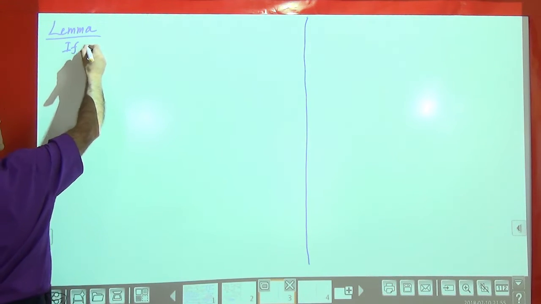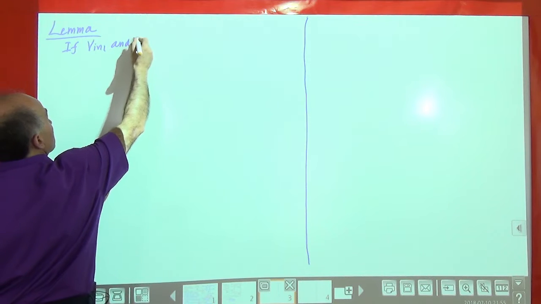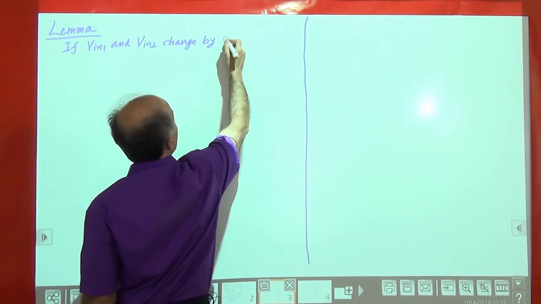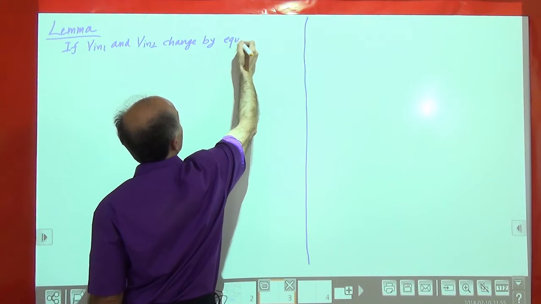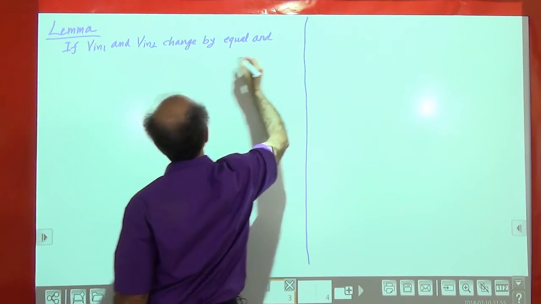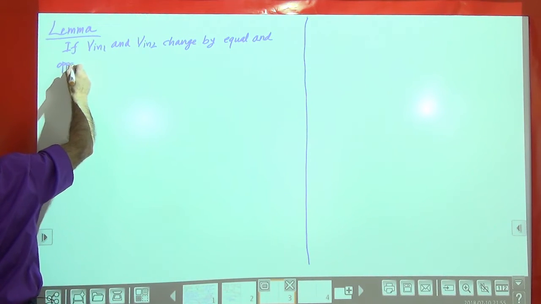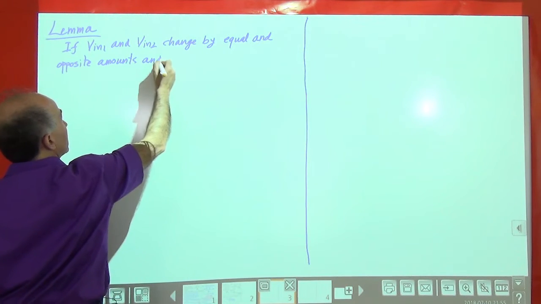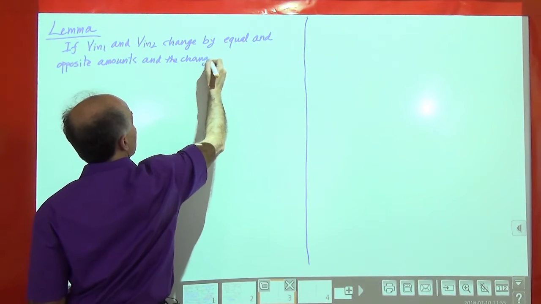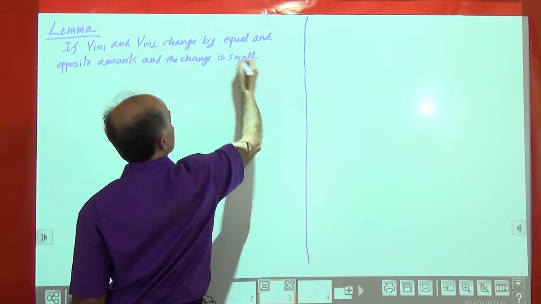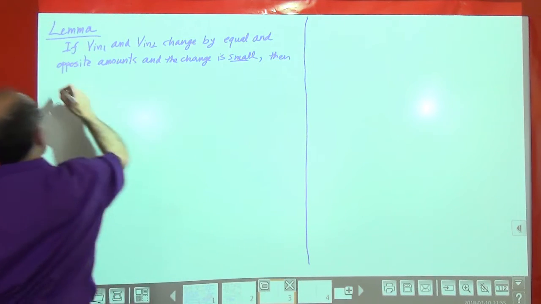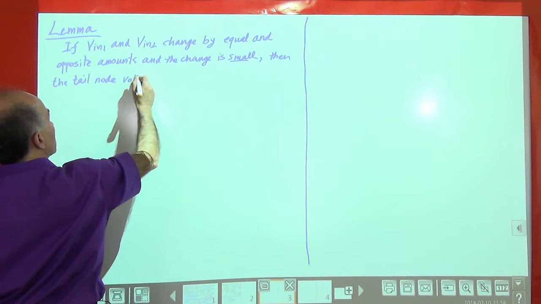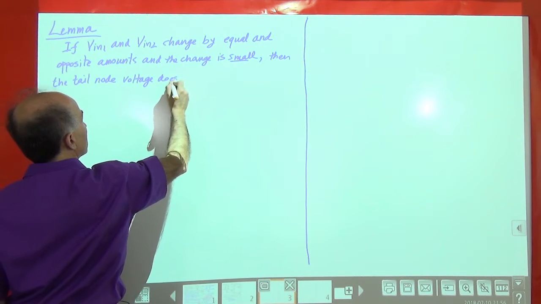If Vin1 and Vin2 change by equal and opposite amounts, so that means they are differential, of course, and the change is small, then the tail node voltage does not change.